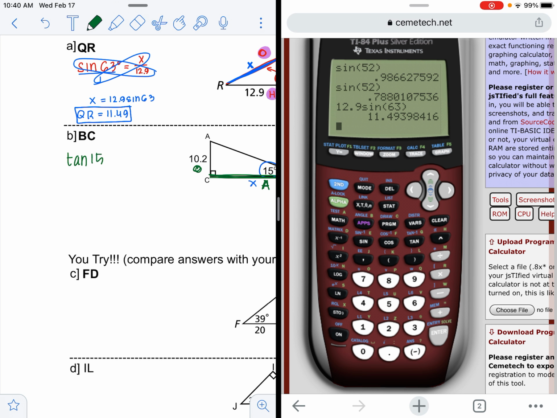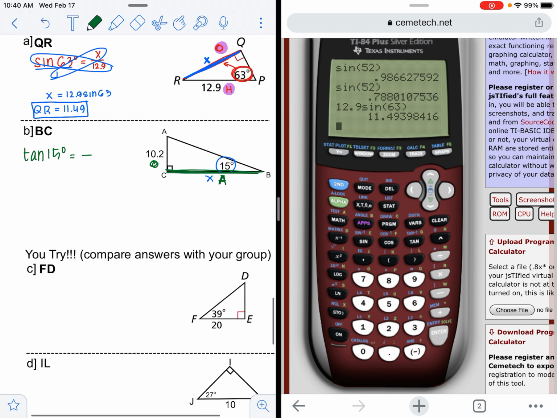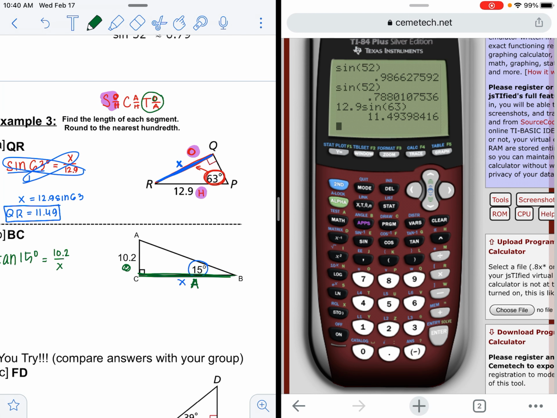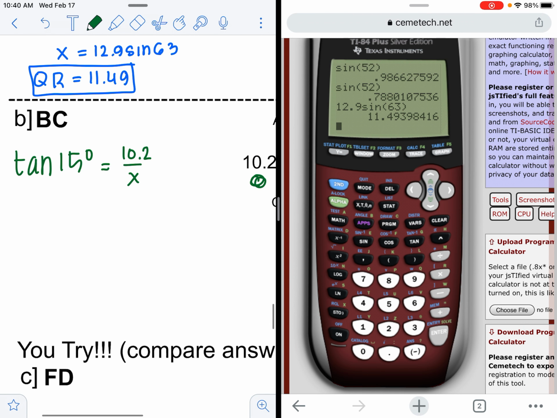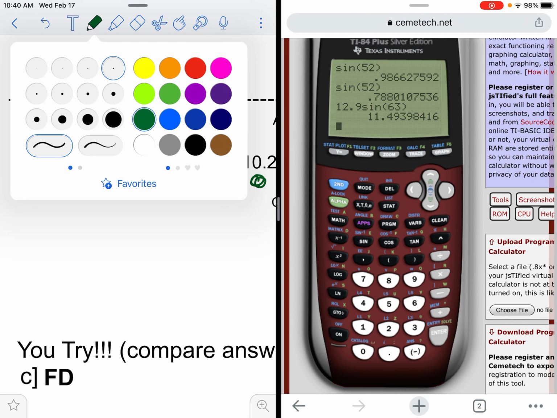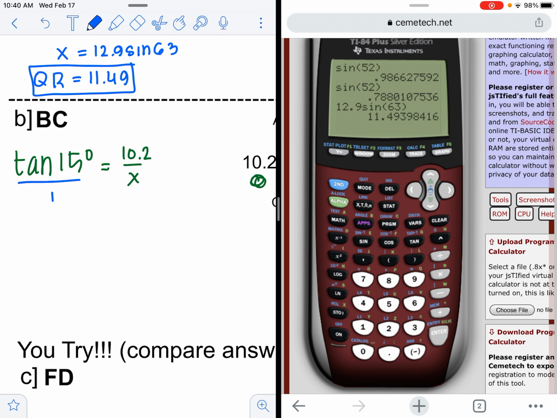Tangent does. So I'm going to write down tangent. My angle comes next. 15 degrees equals. Then my fraction. Opposite over adjacent. 10.2 over X. Make sure you're doing O over A and not A over O.